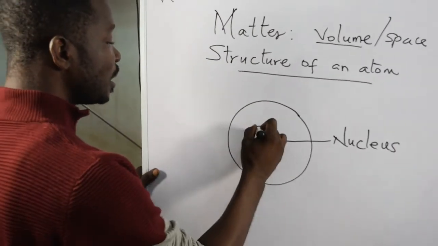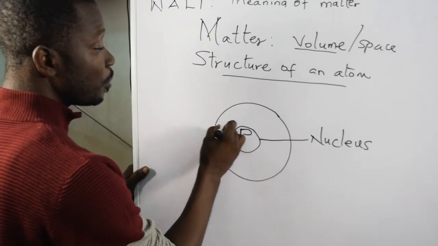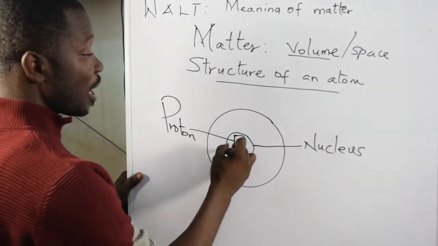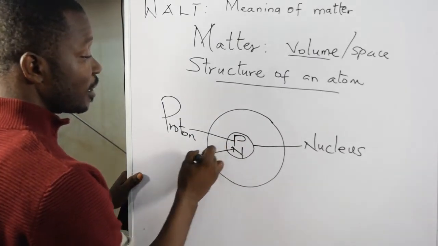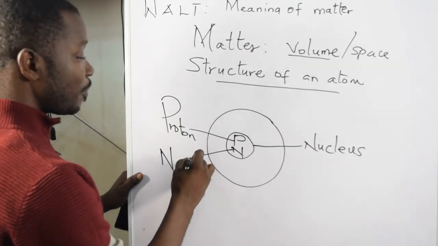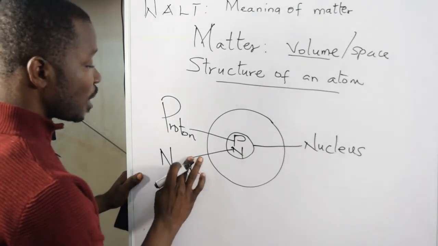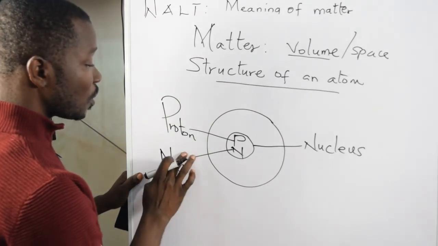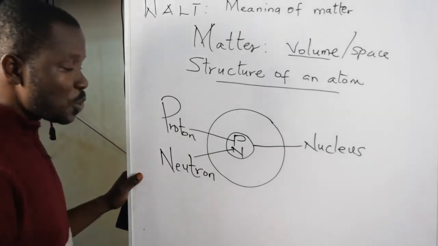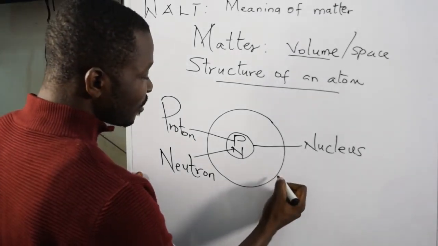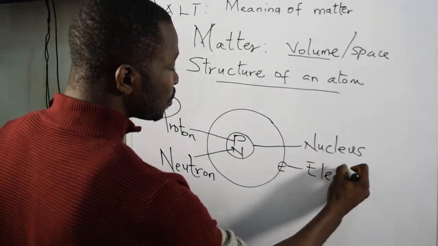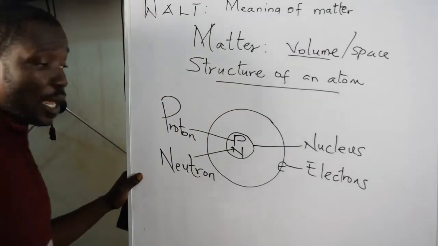In the nucleus we have P for protons, and then we have N for neutron. Check the spelling. I've marked a lot of scripts and you see students finding it difficult to write this. Neutron, it's like neutral. And then the shells contain electrons.